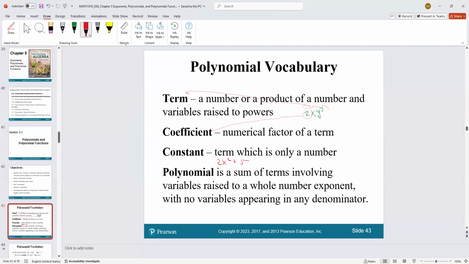A polynomial in itself is a finite sum of terms in which all variables are raised to non-negative integer powers and no variables appear in any denominator. So we call that a polynomial.